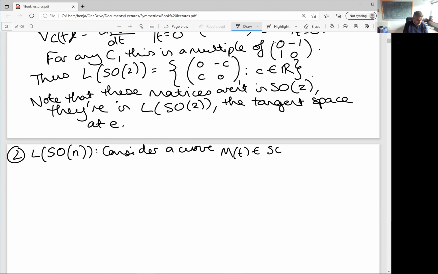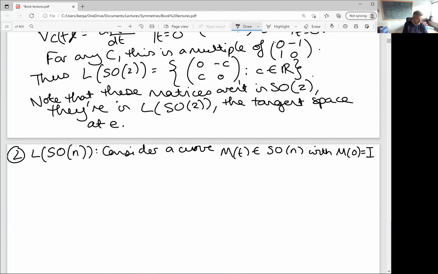So this has to be in SON. And the matrix at t equal to 0 has to be the identity matrix, which is the identity element mapped to the identity element. So we have this constraint. What we want to do is find out what the derivative of this matrix is at t equal to 0. And that will tell us the Lie algebra.